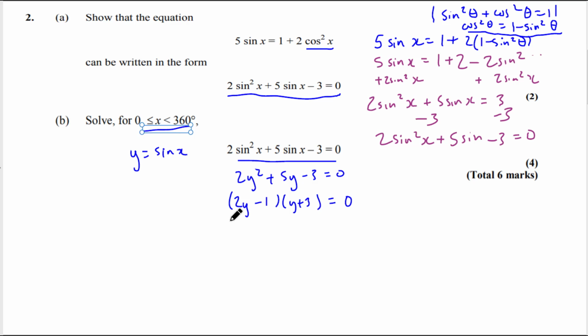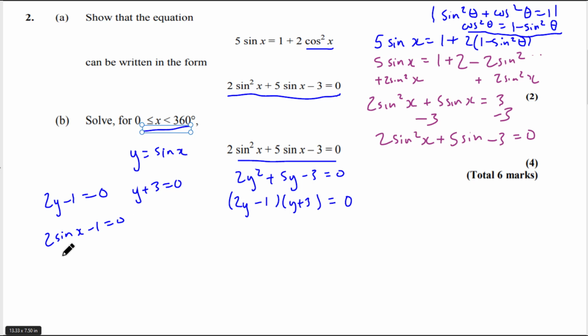Now this is it factorised. We need it to equal 0, so what we're going to get is 2y minus 1 equals 0, that's what we need to solve, and y plus 3 equals 0.